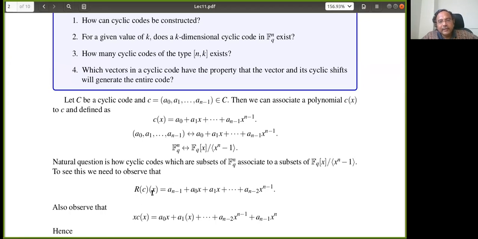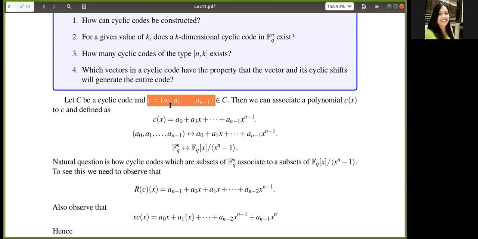So for that, just observe: what is R C of x? Shruti ma'am, can you tell me what is R C for this one? I'll ask the question properly.